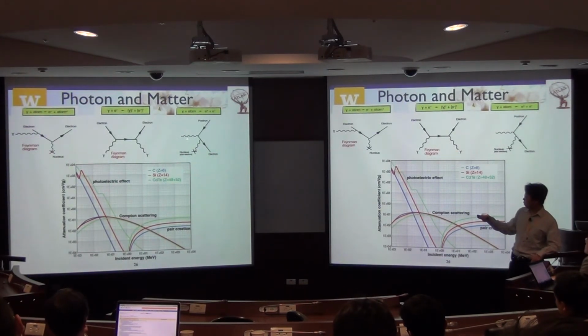Or if your photon has sufficient energy, greater than the mass of 2 electrons, then you can create a process called pair production.